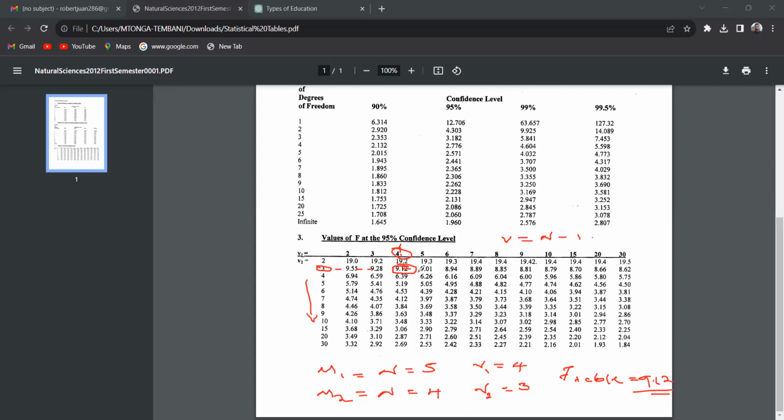Is there a question? Mr. Kinda, how do you find the S1 and the S2? Is it going to be required of us to calculate, or are we going to be given?